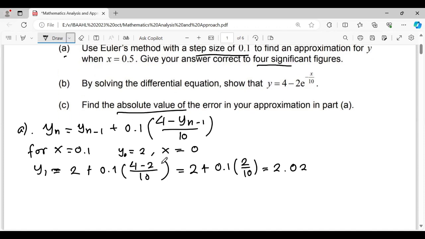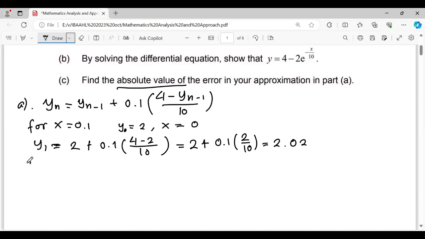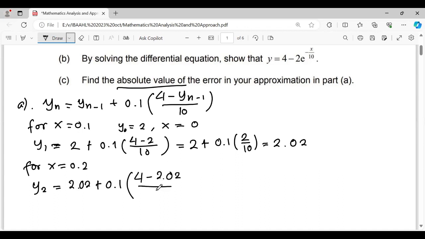Next, for x equals 0.2, because the step size is 0.1, after 0.1 comes 0.2. So y2 equals 2.02 plus 0.1 times 4 minus 2.02 over 10.